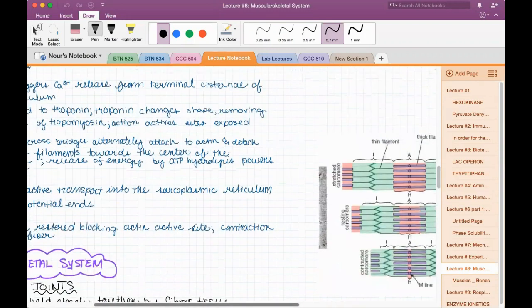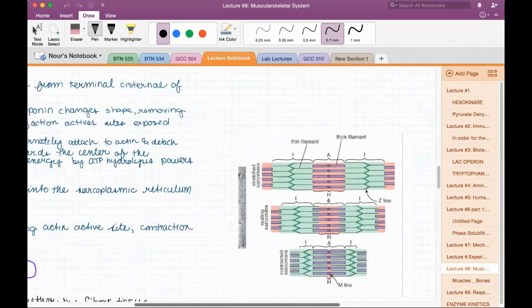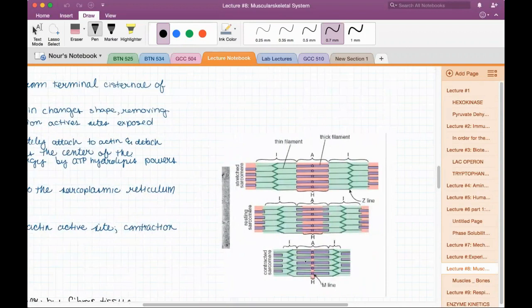Okay. So in a relaxed state, there's the I zone, the A zone, and the Z zone, right? And then the H zone. When a contraction occurs, the A zone will always stay the same.